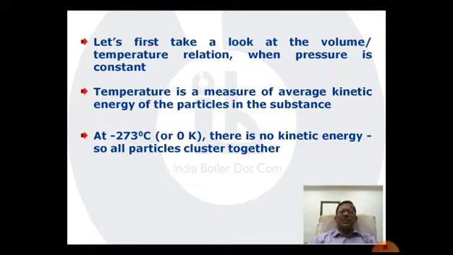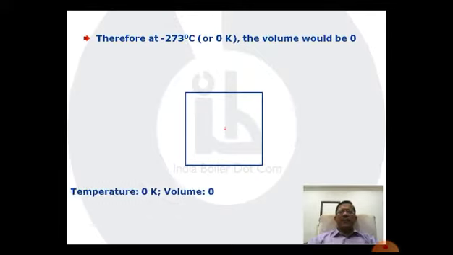Since there is no heat energy, there is no kinetic energy, and all the particles will be clustered together at one place. And since the molecule size is negligible, if they are clustered together, then the volume at this temperature will be 0. They are not going to occupy any space practically. This can also be theoretically computed when we bring down the volume at minus 273 degrees centigrade.